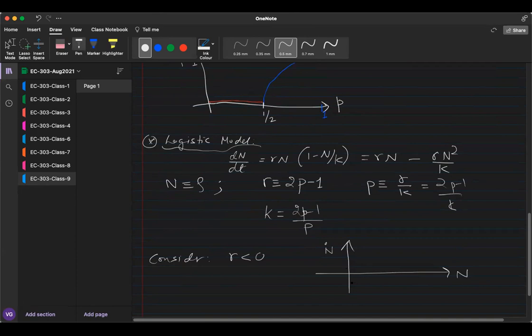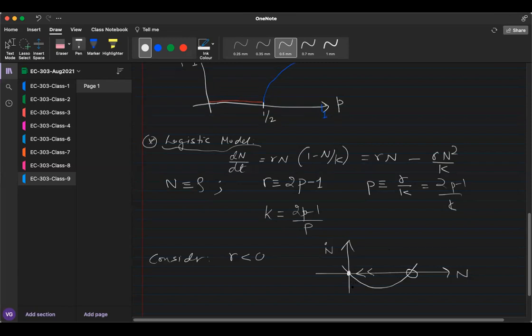It was an inverted parabola, but it will be a regular parabola now because r is negative. It will look like this, right? There will be two fixed points again, two population equilibria. Now what about this one? R is negative. Intuitively, and also mathematically, it's fairly clear that this is a stable state. Any perturbation you make comes back to 0.